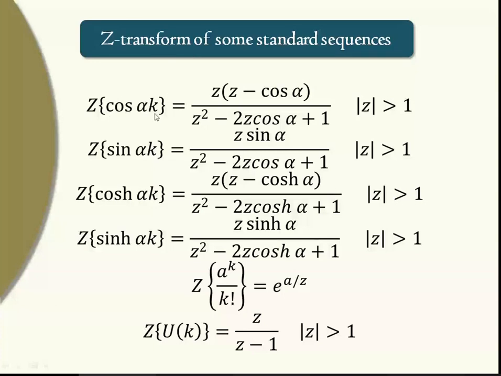Z transform of cos alpha k is equal to z into z minus cos alpha divided by z square minus 2z cos alpha plus 1, provided mod z greater than 1. Z transform of sin alpha k is equal to z into sin alpha divided by z square minus 2z cos alpha plus 1, for mod z greater than 1.